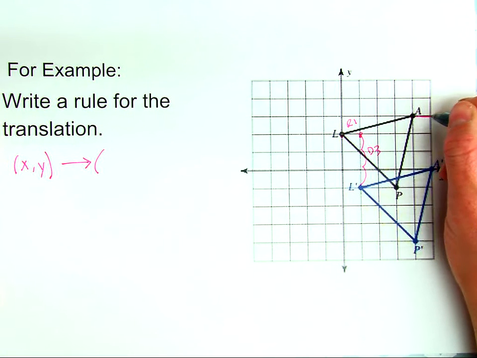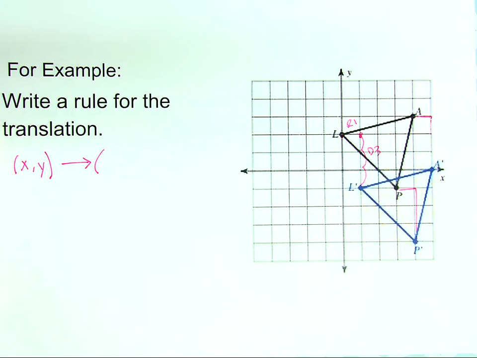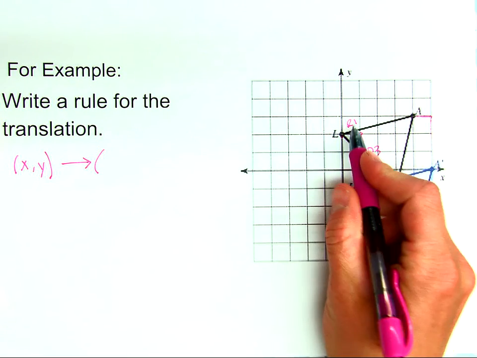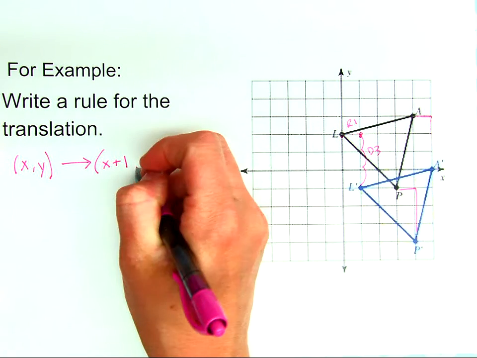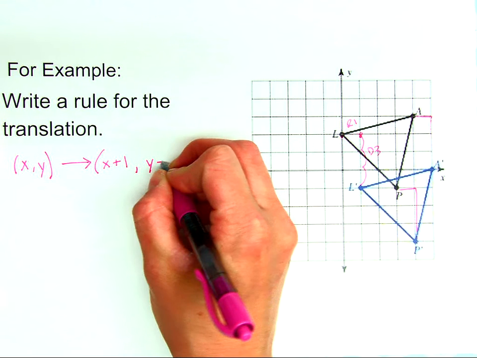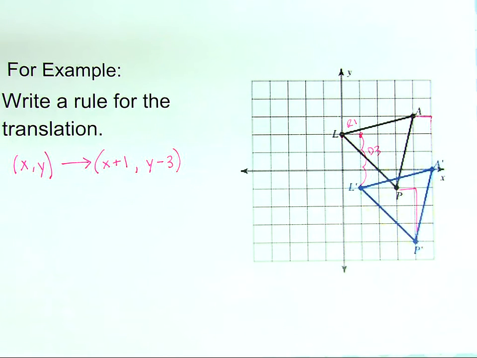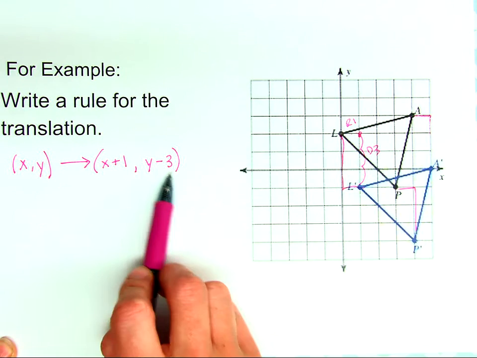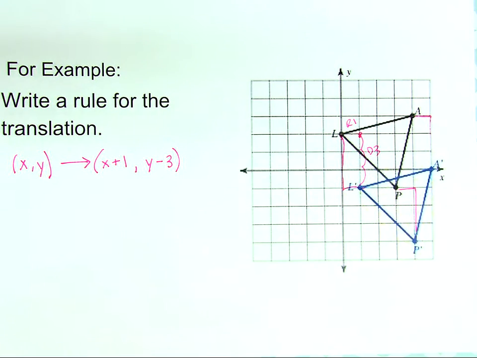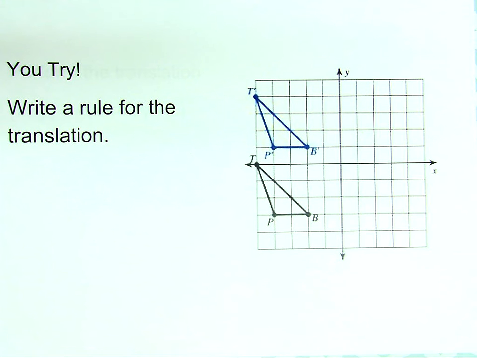That's the same for every coordinate, because when we translate, we do that to every single vertex. So to the right 1 means I'm adding 1 to my x coordinate, and going down 3, I'm subtracting 3 from my y coordinate. So that is our rule there. If you're somebody who might have counted down first and then to the right, realize down is still your y coordinate. Go ahead and try to write the rule yourself here.